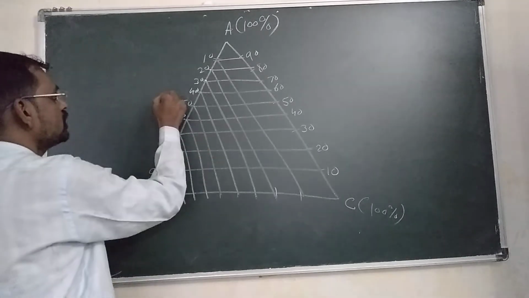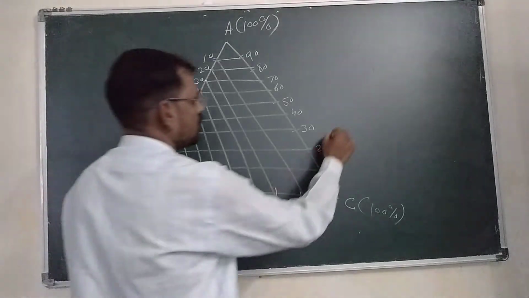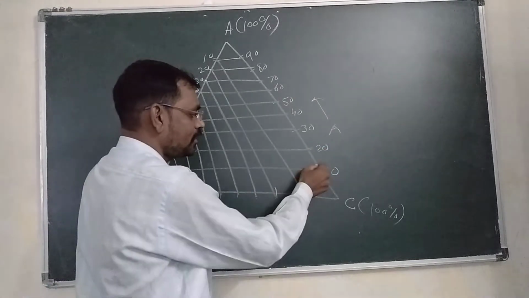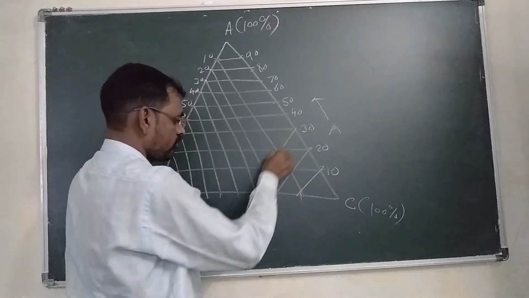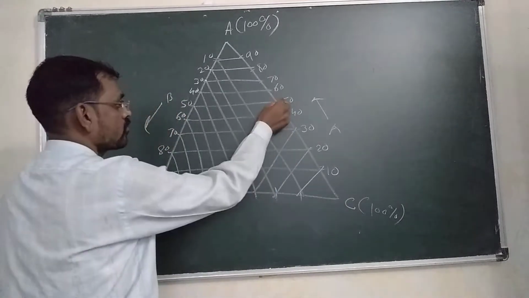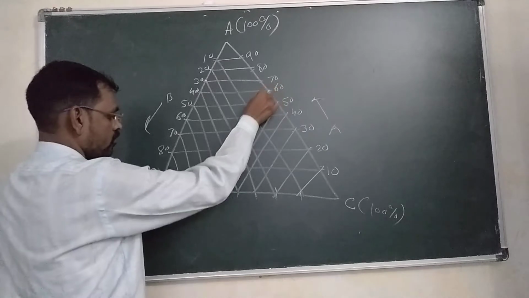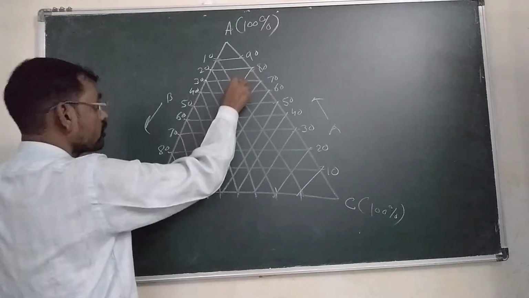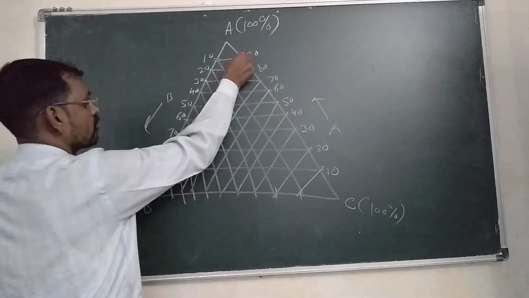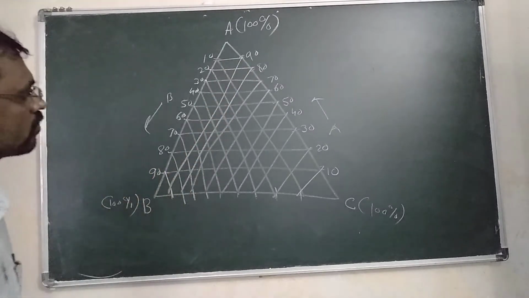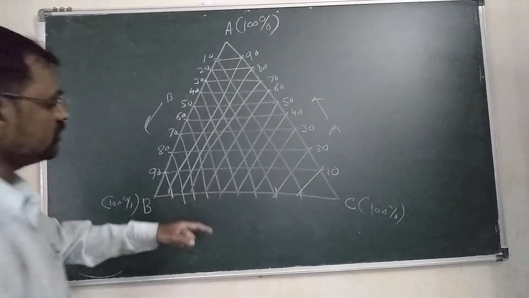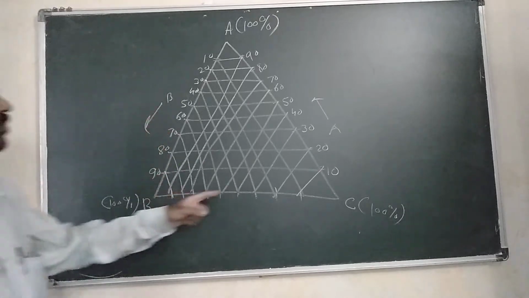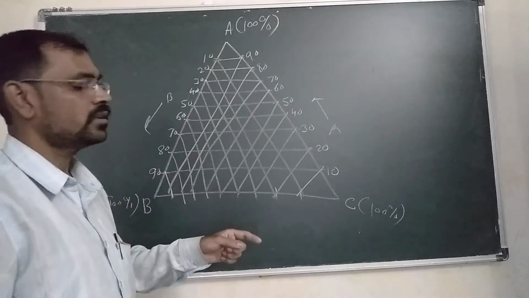This is the percentage of B. B increases here, A increases like this, and the line which is lying below the C represents the composition of the C. So these are 1, 2, 3, 4, 5, 6, 7, 8, 9 and 10. So this is the representation of the diagram.